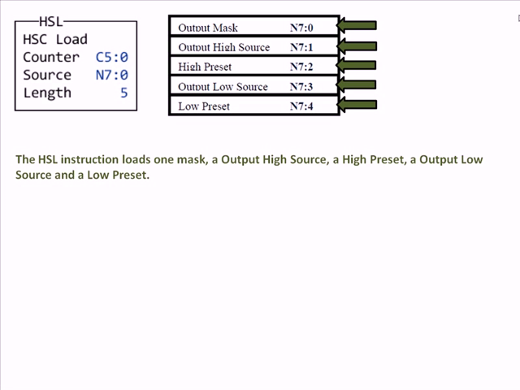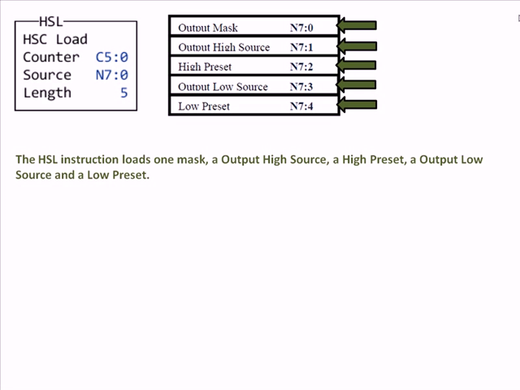In this case, we used N7:0. It loads a mask, an output high source, high preset, output low source, and low preset. The output high source and high preset are a pair. Output low source and low preset are a pair.